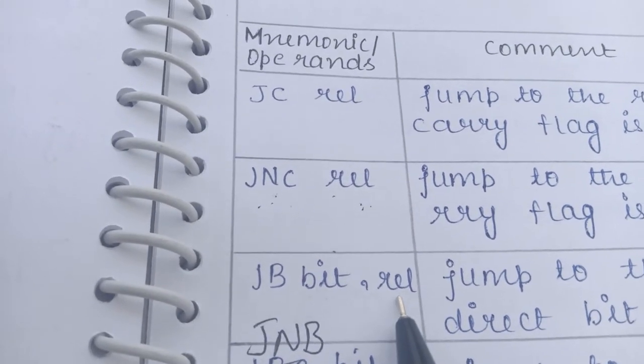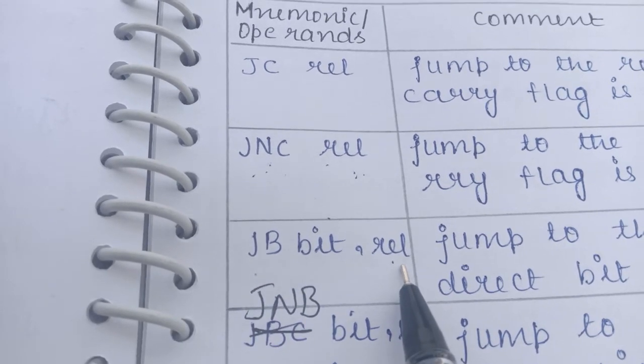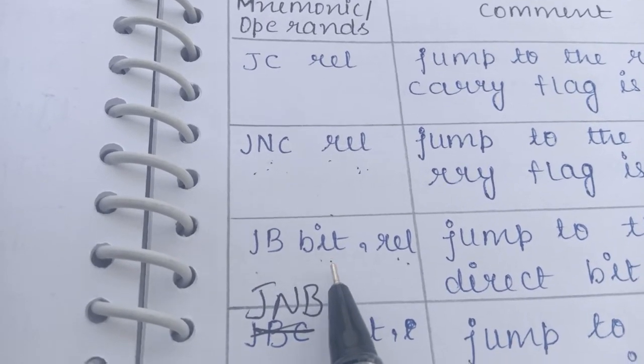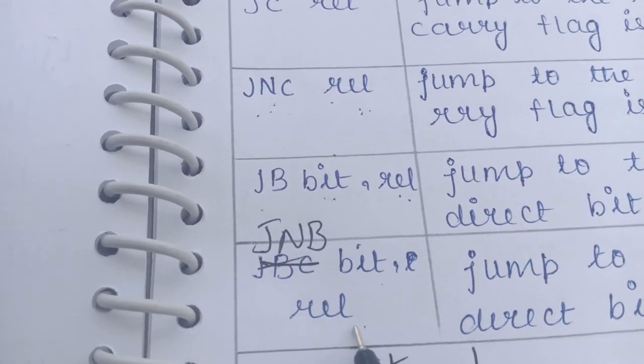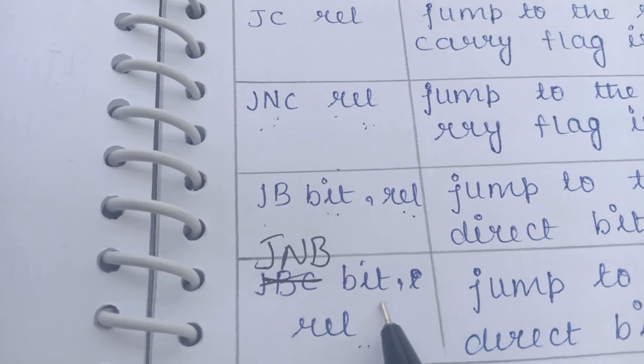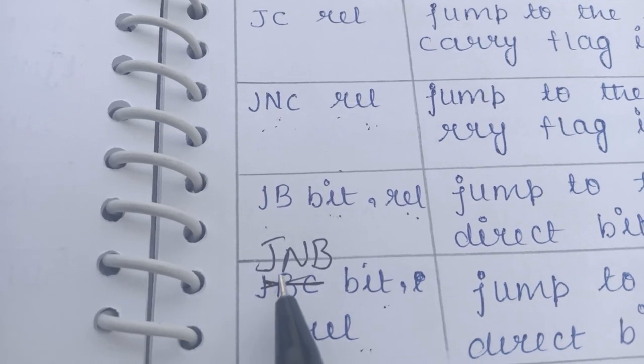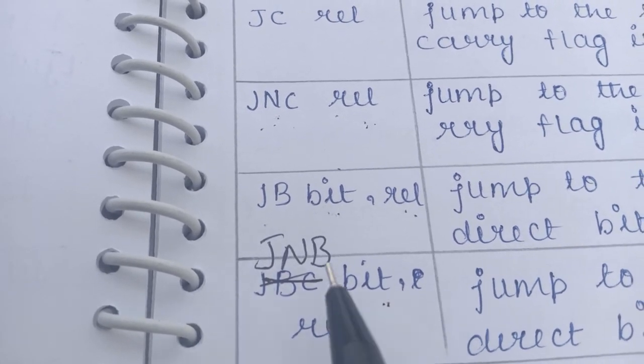JB bit, relative: jump to the relative address if the given bit value is 1. JNB bit, rel: jump to the relative address if the given bit is not 1, which means the given bit is 0.